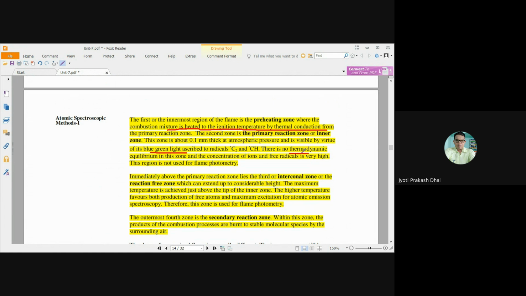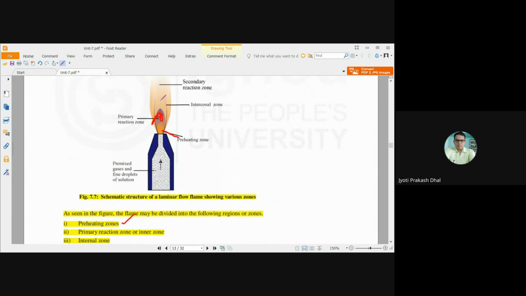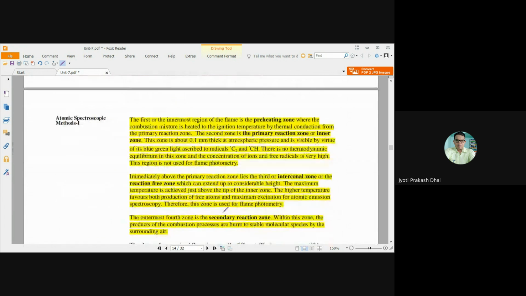There is no thermodynamic equilibrium in this zone, and the concentration of ions and free radicals is very high. The region is not used for flame photometry. So these two regions, the preheating zone and the primary reaction zone, are not used for flame photometry.